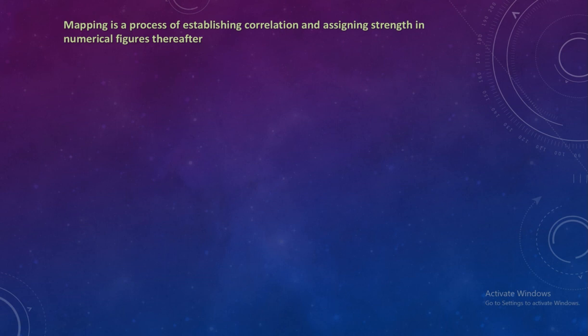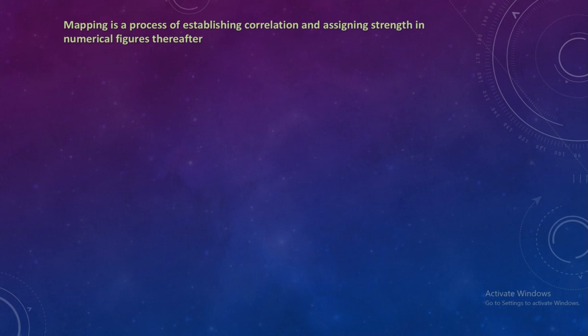First of all, we shall try to establish the relationship between the course and the PO and PSO statements, so that it is made clear whether the course is sufficiently meeting the demands of the program outcomes or the program specific outcomes. Therefore, before assigning strength, which is the second part we shall see in this same video, we need to establish the correlation between the course and the PO and PSO statements.